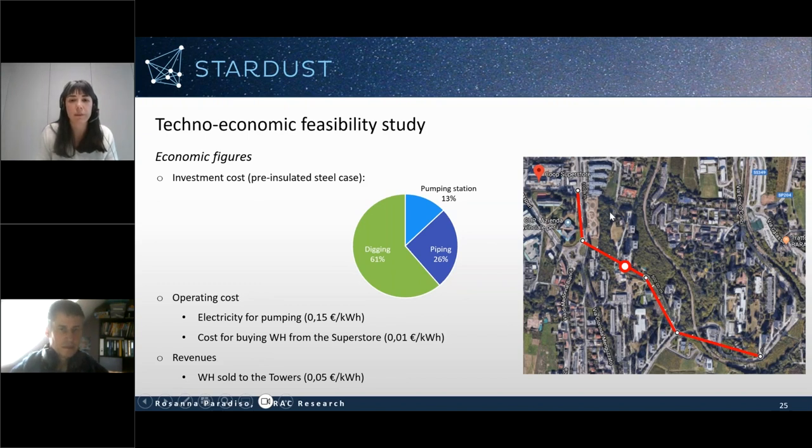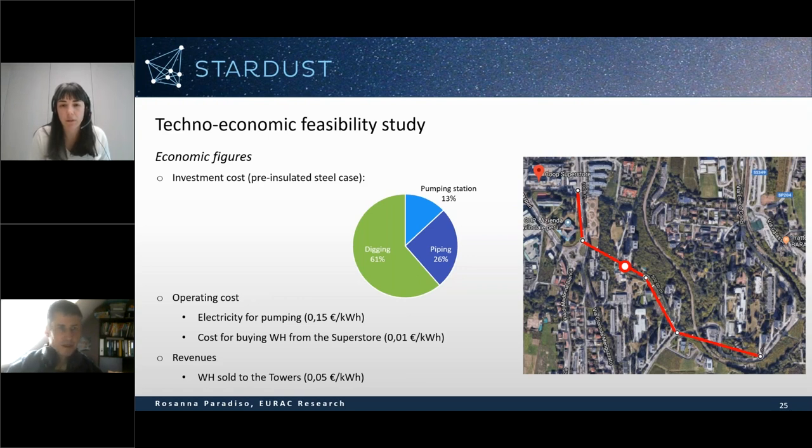But we consider to give a value to the waste heat like an incentive to the COP Superstore, in order to convince them to install this system, to give the waste heat and to reject the waste heat in the district heating network. In order to be enough convincing, it has been considered 1 euro cent per kilowatt hour of waste heat. I don't know if I replied to the question.